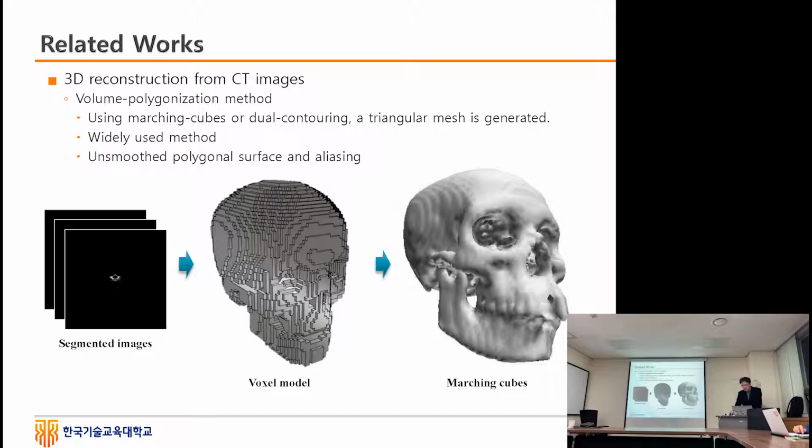But as you can see in this image, the result is an unsmoothed surface, and there is also aliasing. Aliasing means the phenomenon that the shape looks like stairs.